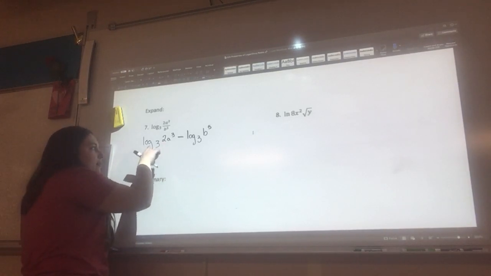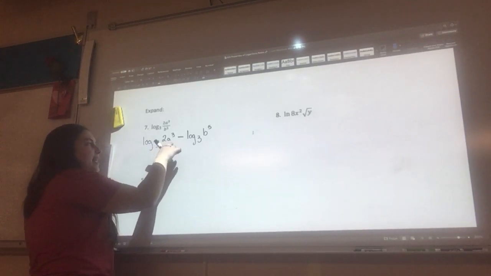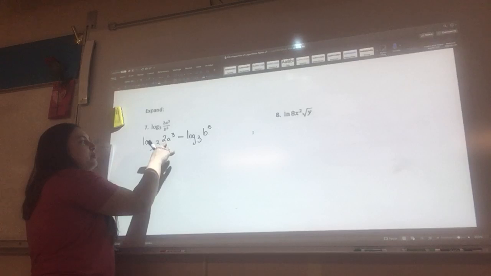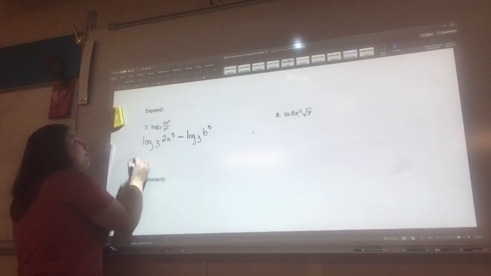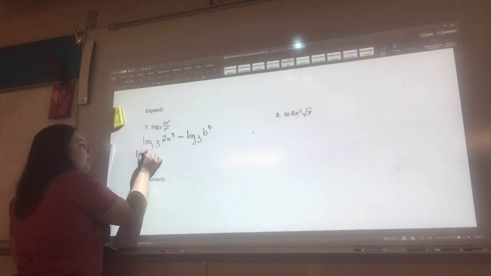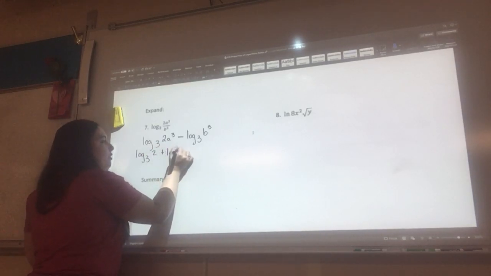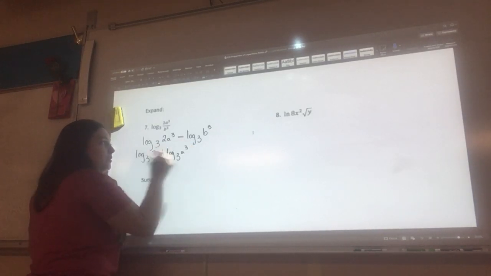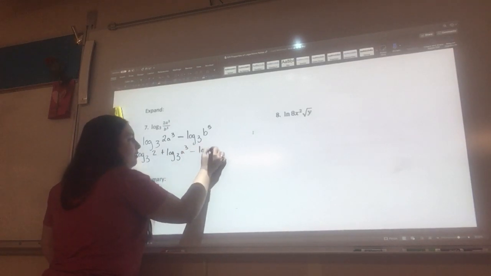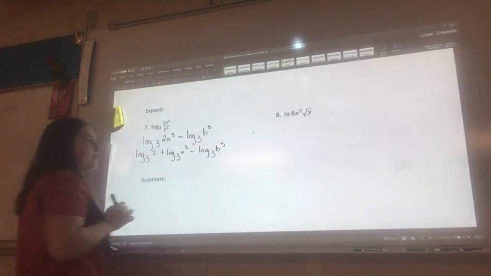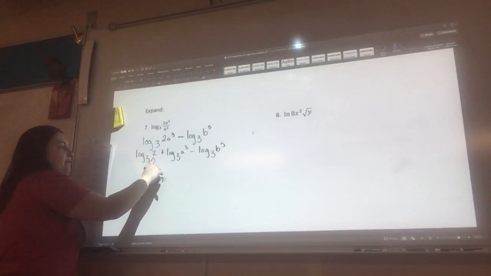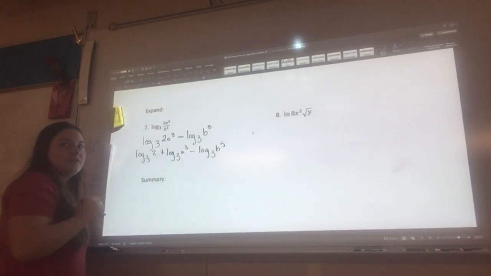Well, this says log 3 of 2 times a to the third. Numbers have to be by themselves. So this again expands to log 3 of 2 plus log 3 of a cubed minus log 3 of b to the fifth. I now have every single element by itself.